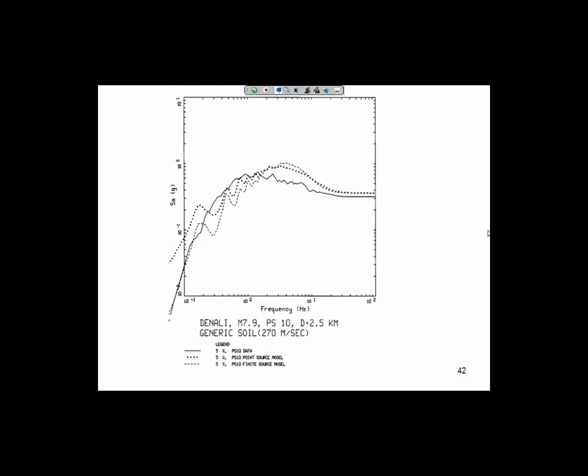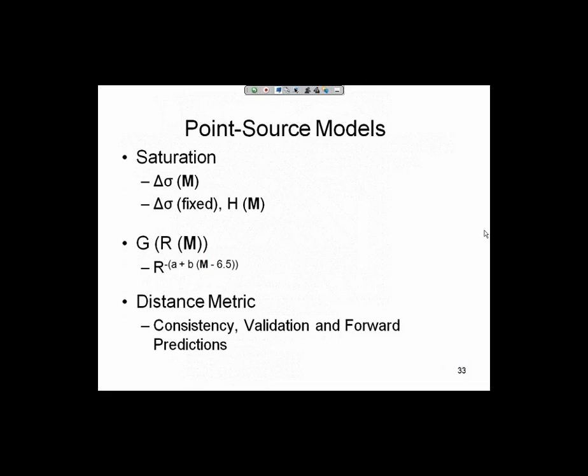Right. So I think we all just need to be clear what's happening here in terms of how we're using those distance metrics. We would like to use a slant depth as opposed to JB. We use like a slant depth, depth to the ruptured plane.